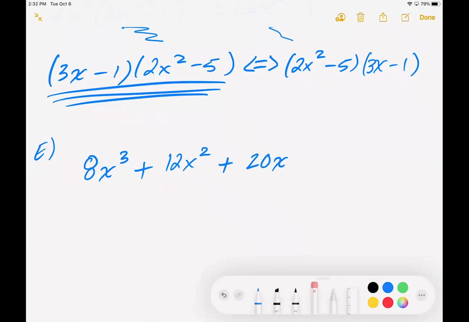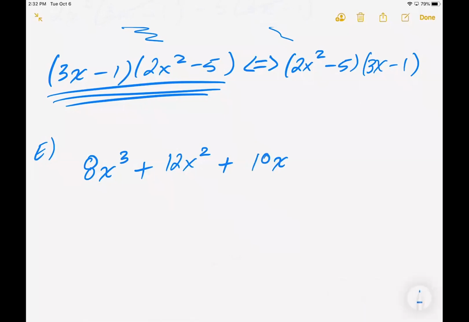Let's do 12x plus 27. Yeah, it should work. So see if you can do this one.